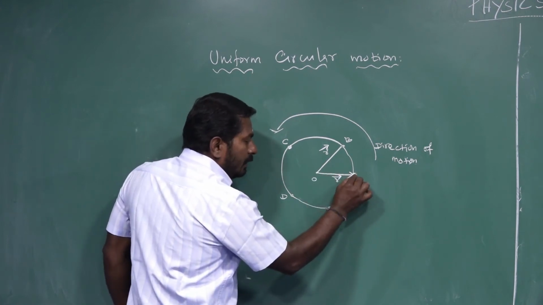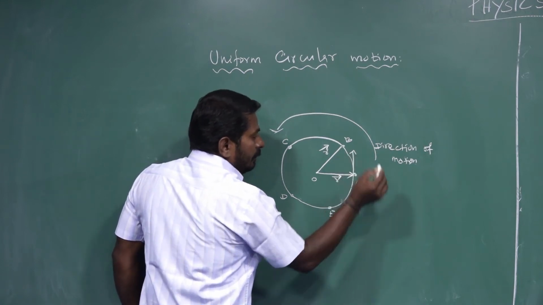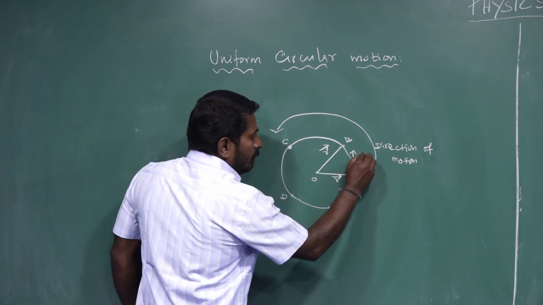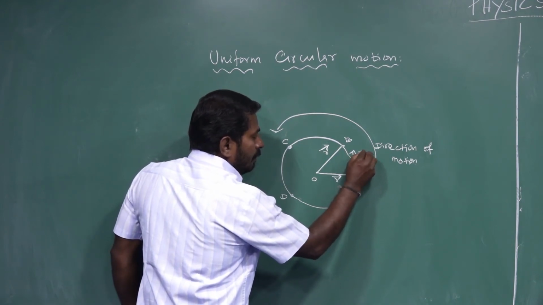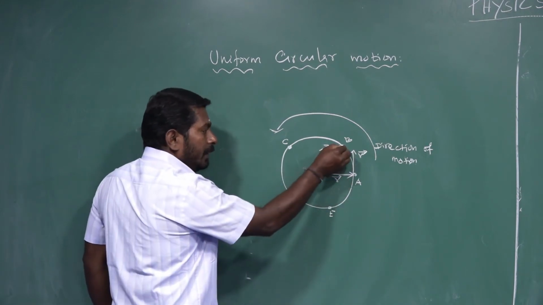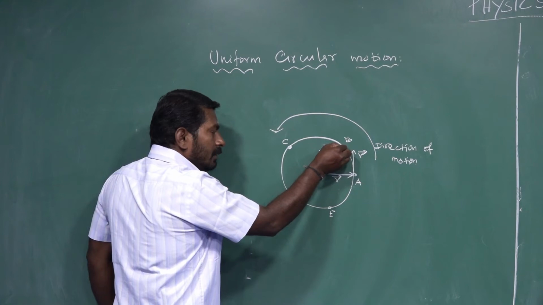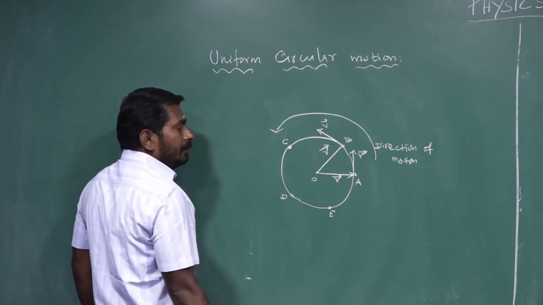At this A point, the direction of linear velocity is v vector. It reaches the B point with the same speed, but the direction of linear velocity changes, v vector.